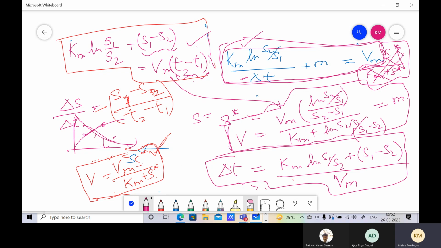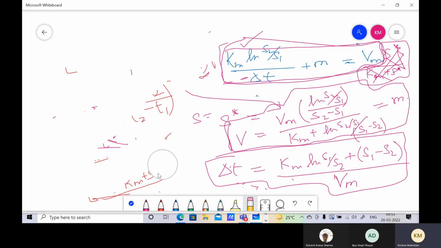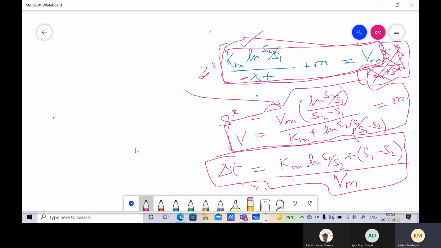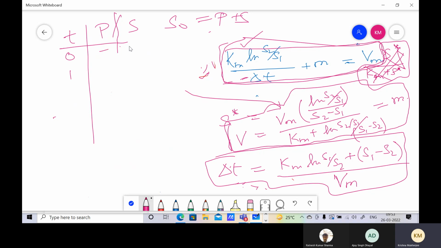So you can actually have a much simpler situation where you choose groups of points, T versus P or S, whatever is plotted there, not P by S. S and P are very similar because S naught is equal to P plus S. So you have these data points, and you can draw a smooth curve through this P versus T, then choose points at alternative intervals and draw chords.